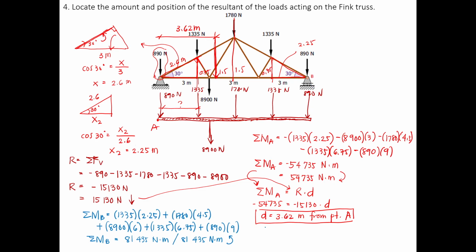Okay, so if we're going to solve for the resultant from point P, again, this one is here. The resultant is going here. So that will be 81,435 is equal to 15,130 times the distance.